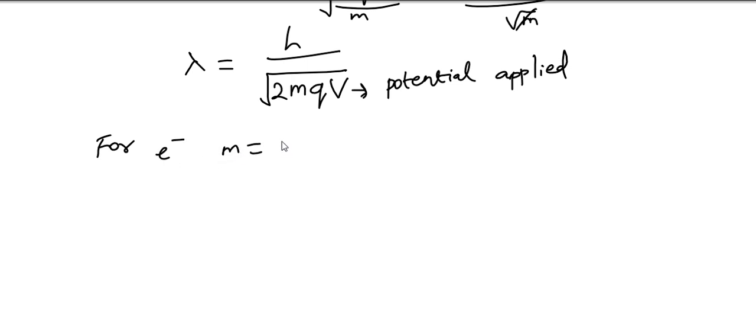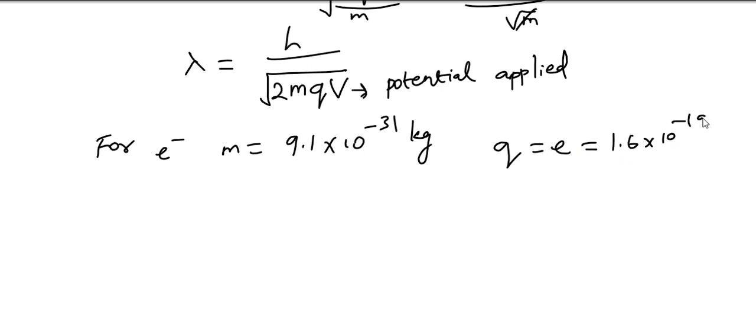இப்போ எலக்ட்ரானை நம்ம accelerate பண்ணும்போது, for example for electron m is equal to mass is equal to 9.1 into 10 power minus 31 kilogram, whereas charge q is equal to e is equal to 1.6 into 10 power minus 19 coulomb.